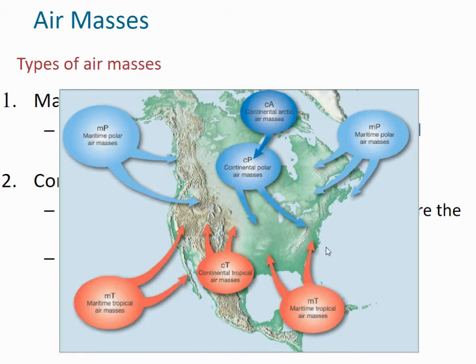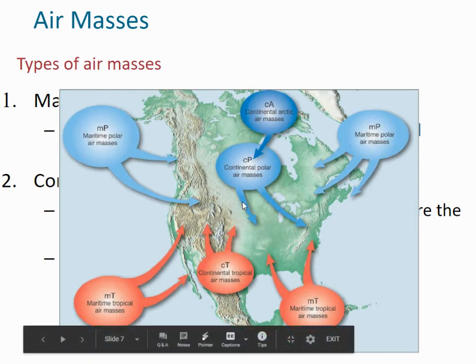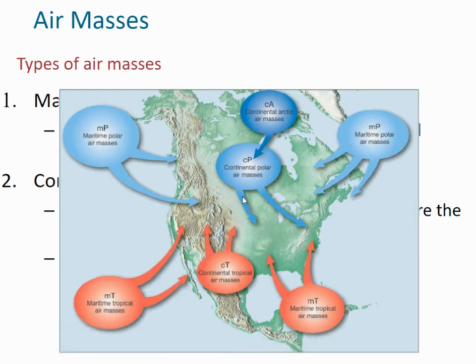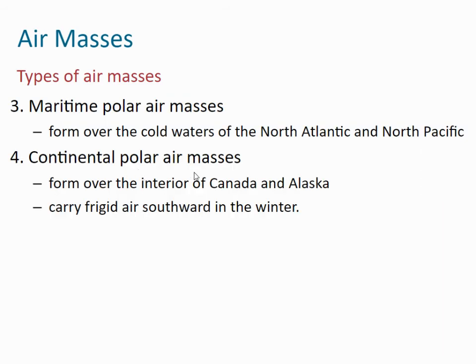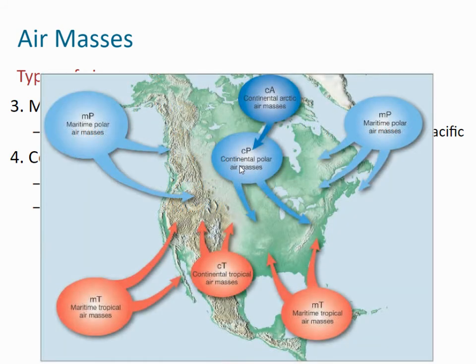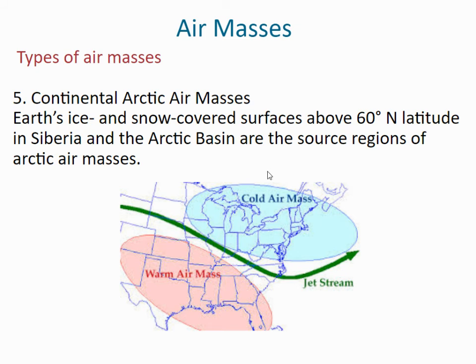Now, if we have a colder air mass that meets with a warm air mass, that can create big storms as well, snowstorms as well, depending on how much further the continental polar air mass comes. Remember, continental meaning dry, polar meaning cold, and then Arctic, of course, means extremely cold.